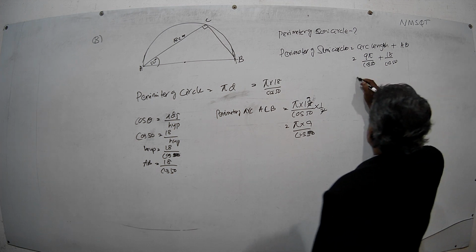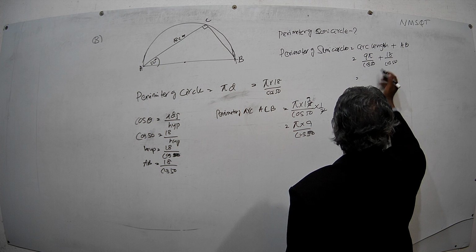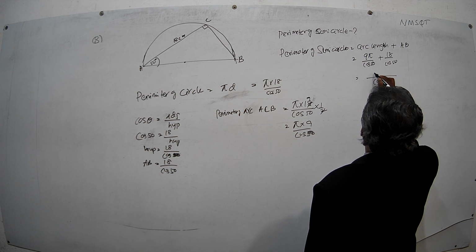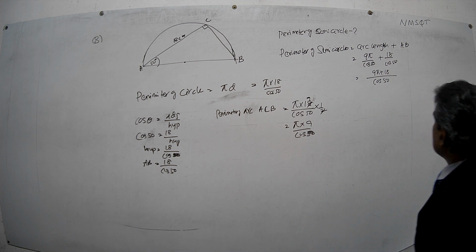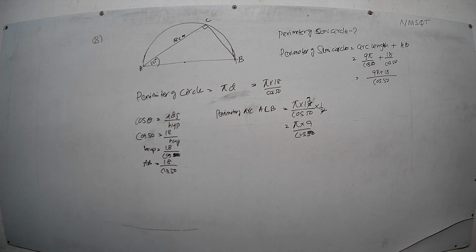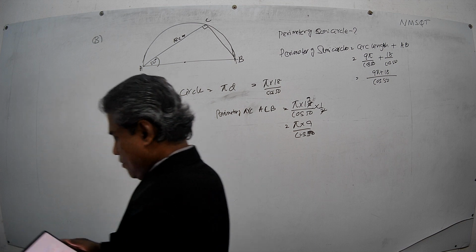Therefore, we can take this to a common denominator, that is 9 pi plus 18 over cos 50. Right. Then we calculate this. We will get the answer. They asked us to give the answer correct to 2 significant figures, right?